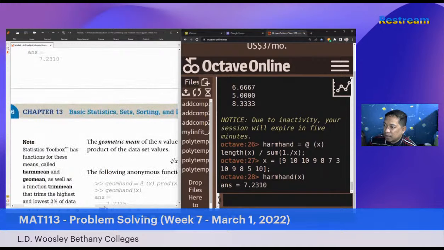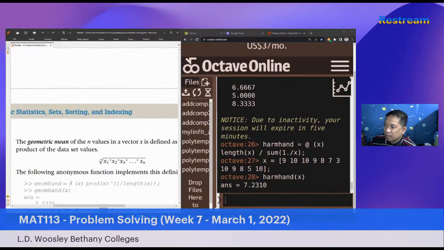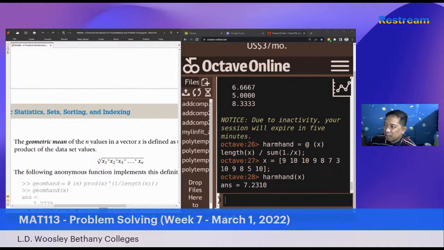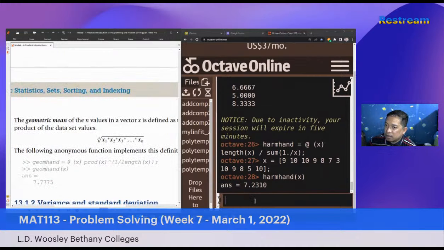Then the geometric mean. So we could have this definition of geometric mean now by your geomhand. Geomhand naman siya.